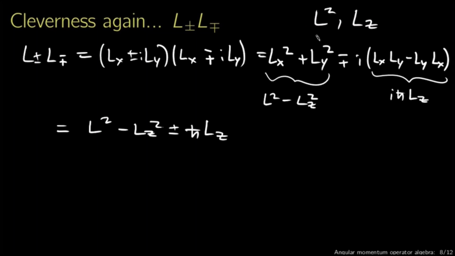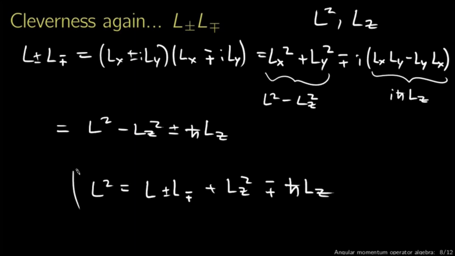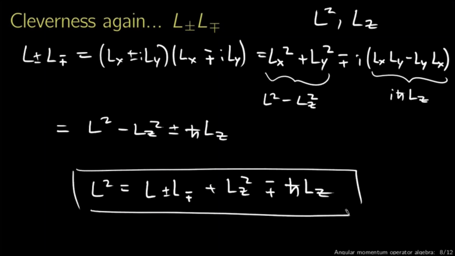Since what I'm actually interested in here isn't this strange combination, it's this L squared, I'm going to rearrange this and write L squared is equal to L plus or minus L minus or plus, plus Lz squared minus or plus h bar Lz. This is the expression that's going to come in handy for when we're considering the total angular momentum, for instance, when we're considering those top rung and bottom rung equations.